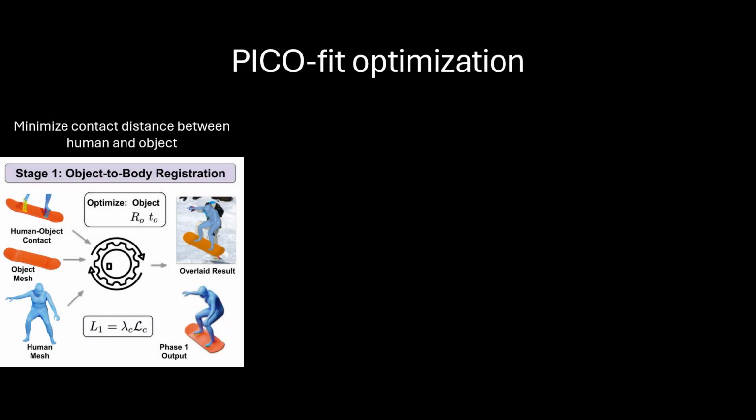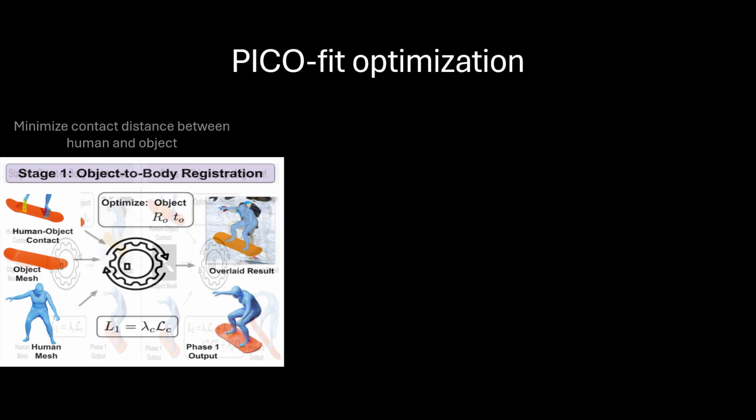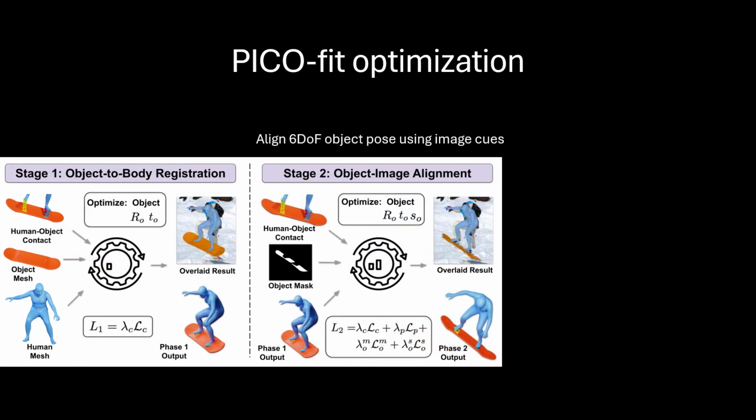Finally, we use the recovered contact correspondences in a 3-stage fitting approach. In Stage 1, we recover the object pose by keeping the human fixed and registering the object to the body by minimizing the contact loss between the contact correspondences. However, all body regressors are imperfect and inferred bodies can be noisy, resulting in misalignment when projecting the human and the object onto the image.